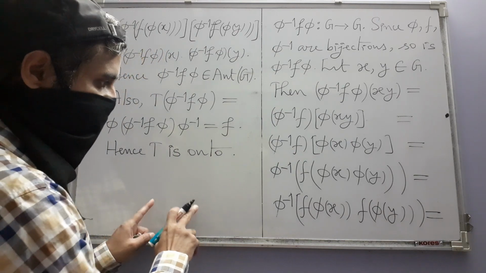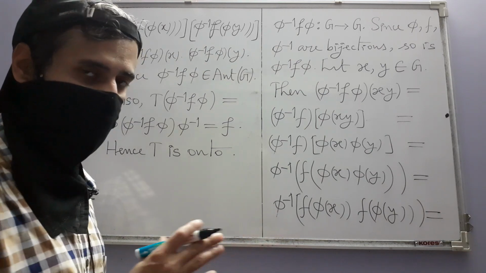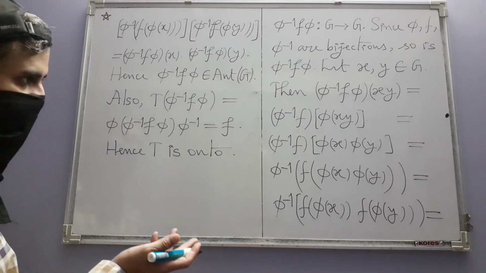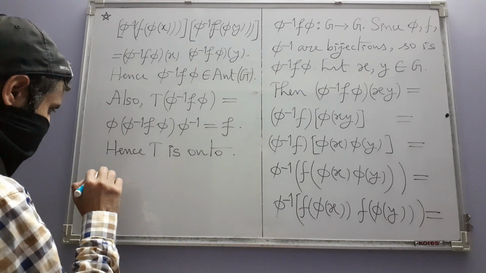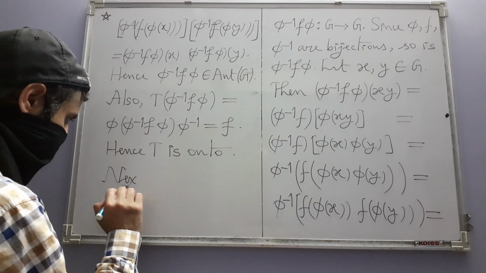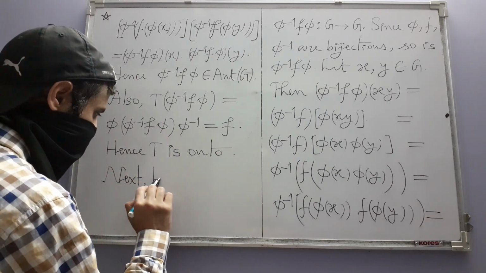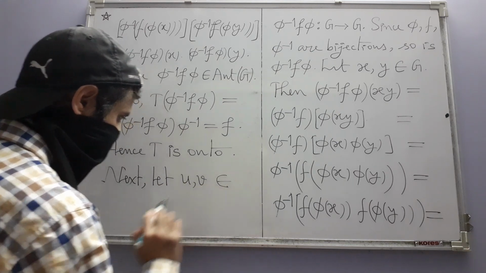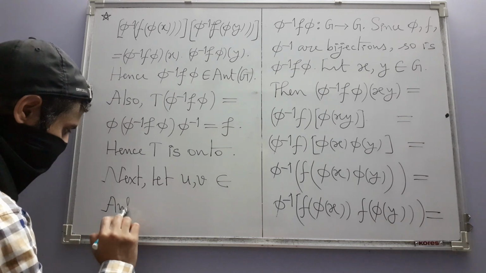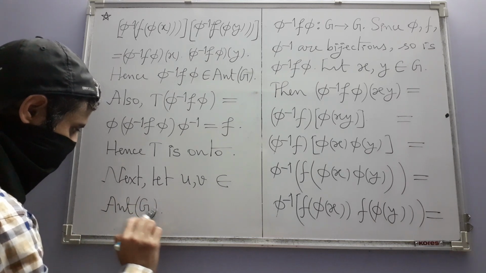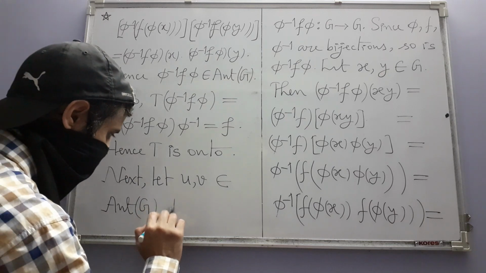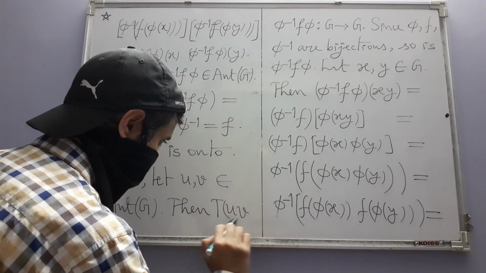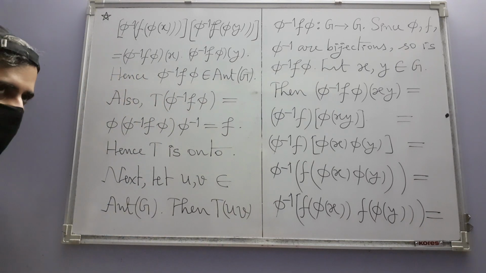Now capital T also has to satisfy this condition of respecting the binary operation, because then only can we say that capital T is an isomorphism. For that, let us again choose two elements u and v in the domain of capital T, which is the automorphism group of G, and we apply T on their product in this group.